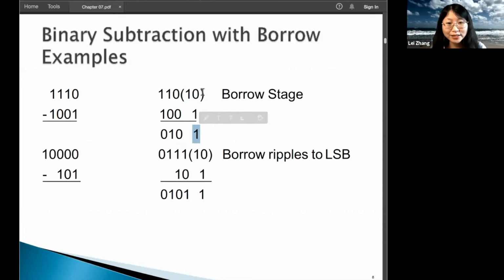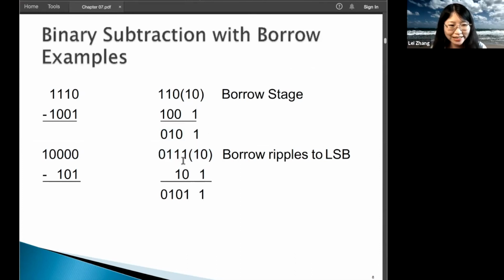That bit is borrowed over, so that bit now is 0, and 0 falls down here. And 1 minus 0 is 1. This is simple. 1 minus 1 is 0. So the answer is 0101. This is the 1-bit borrow.